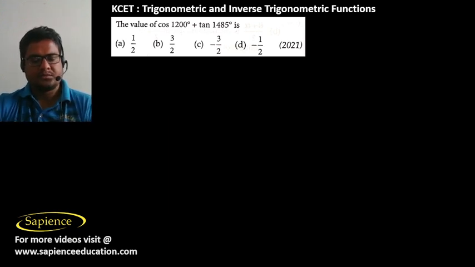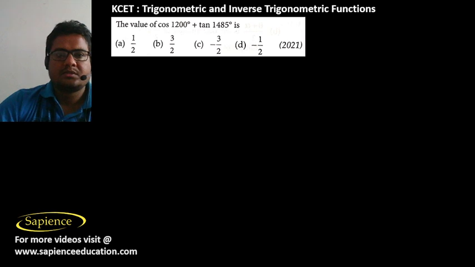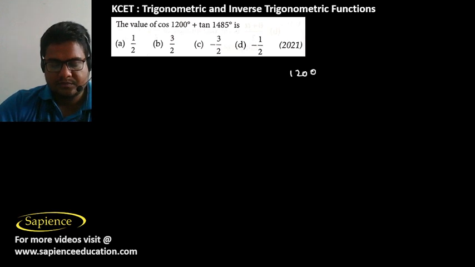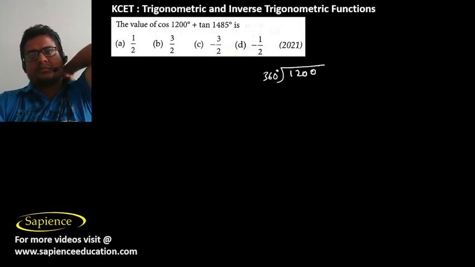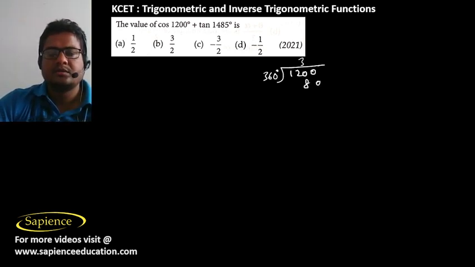Now the value of cos 1200 degree plus tan 1485 degree, how much is that? Now 1200 degree, if we divide this by 360, 3 sixes are 18, 3 threes are 9, 1080, so the remainder is 120.